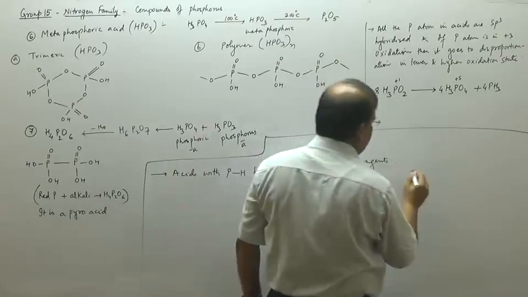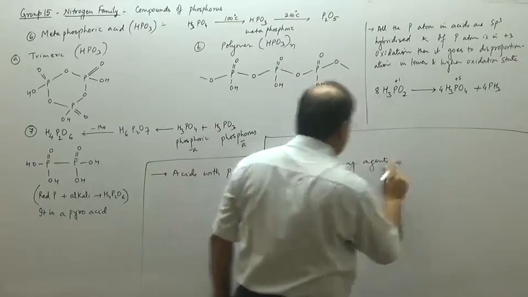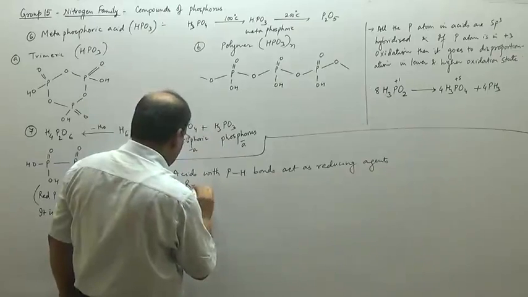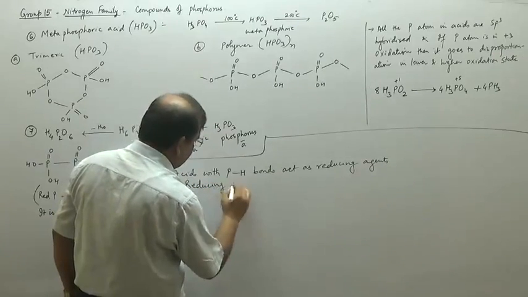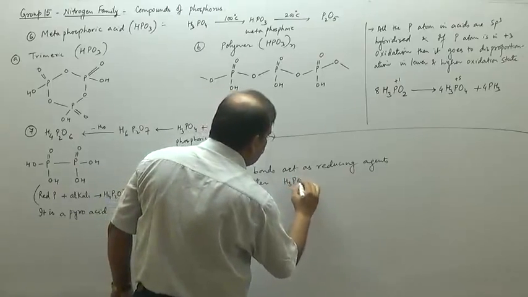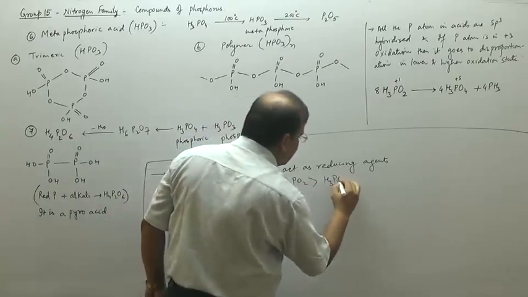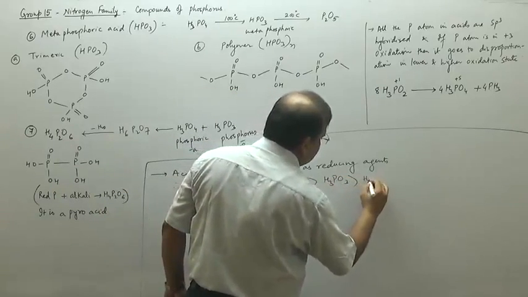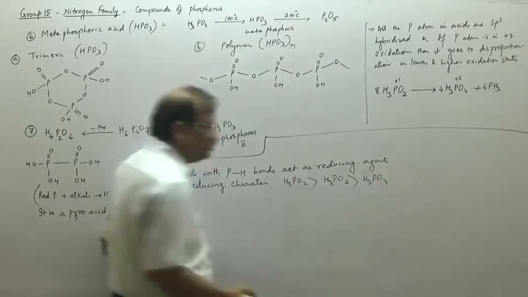Therefore, the reducing character of H3PO2 will be greater than H3PO3, which will be greater than H3PO4. That is the reducing character.